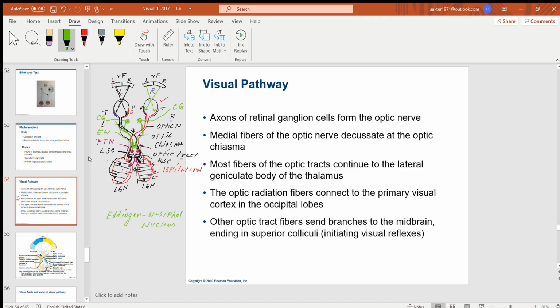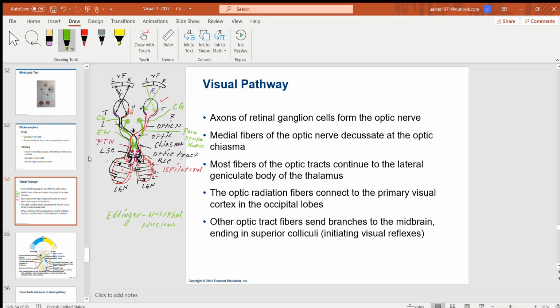Make sense? And what kind of fibers are these? Parasympathetic. Parasympathetic fibers go from the Edinger-Westphal nucleus to the ciliary ganglion.